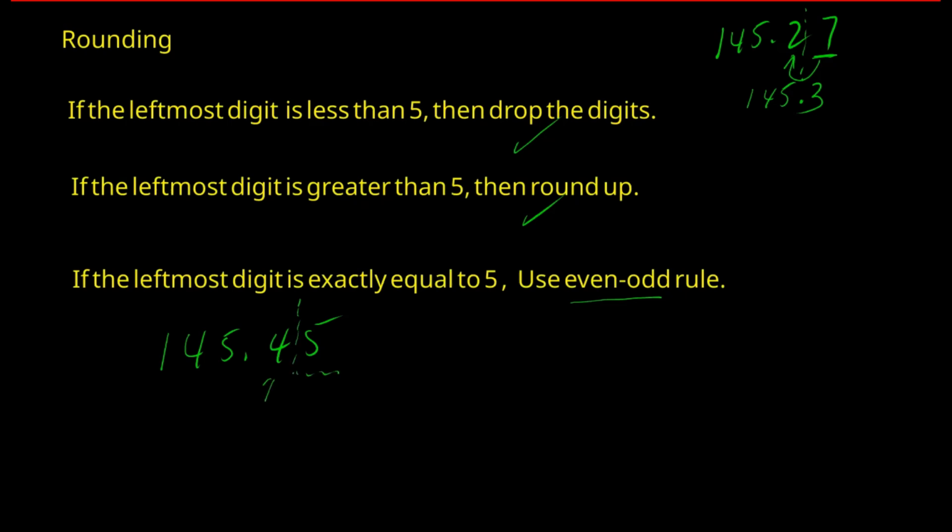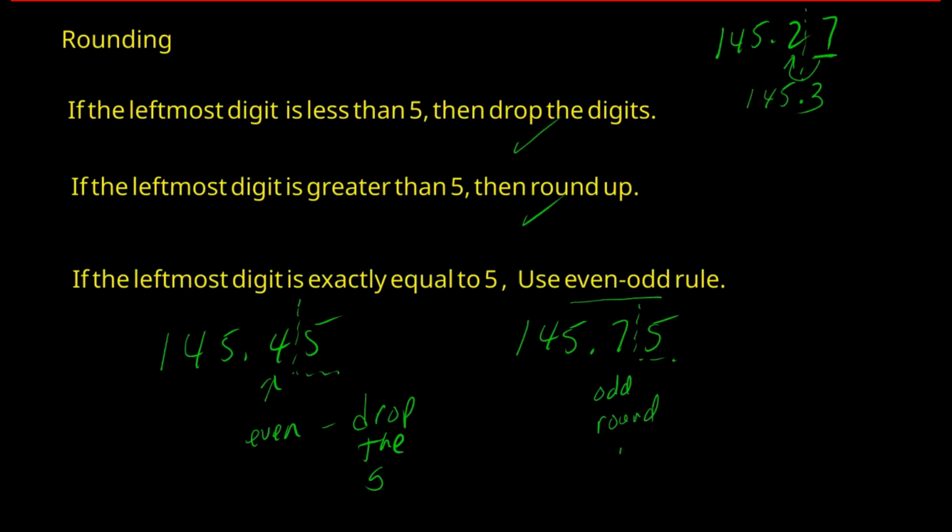If the preceding number is even, then I drop the 5. Okay? Same scenario, exactly equal to 5. This time the preceding number is odd. So if it's odd, then I'm going to round up. So my answer is going to be 145.8.